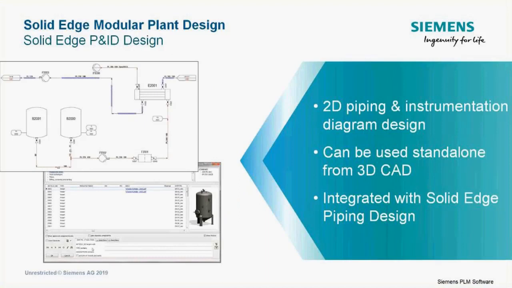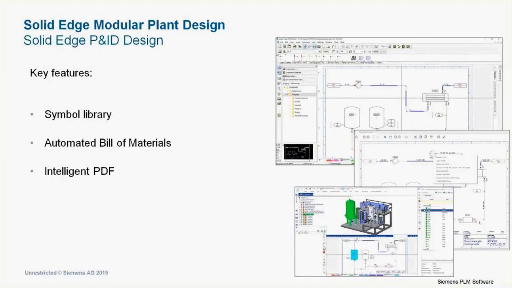All right. Now, this tool inside of the Solid Edge portfolio can be all by itself running independently, or we can integrate it with Solid Edge 3D piping design to communicate that more into a virtual world to create your full digital twin.